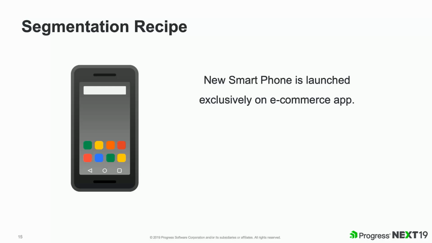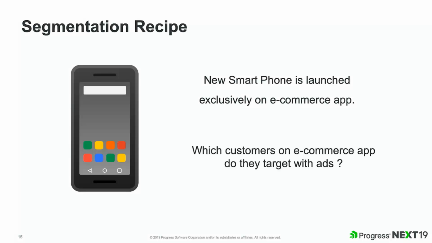So if you have a new smartphone that is launched exclusively on an e-commerce app, so something like Amazon, right? So what would the customers on this e-commerce do when they have to send specific apps when a new mobile phone is launched? So you don't want to just target anyone and everyone who's using this e-commerce app.